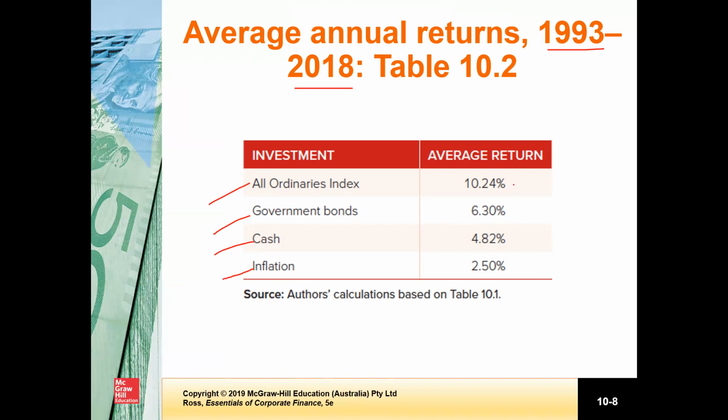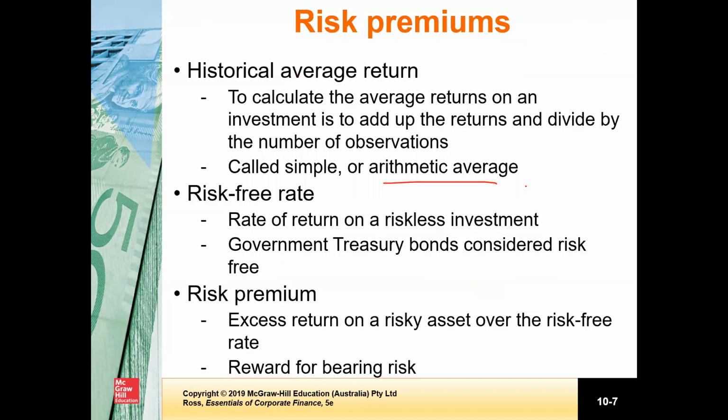You can see that these are the annual average returns from 1993 to 2018. The way that was calculated, as I just mentioned, is that all annual returns are added up and divided by the number of years or number of observations. So we get an average return and a feel for the overall return from these investments for a particular time period.